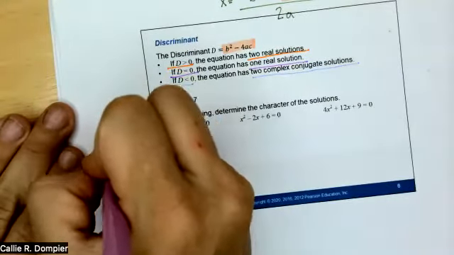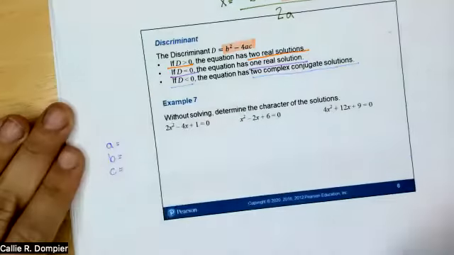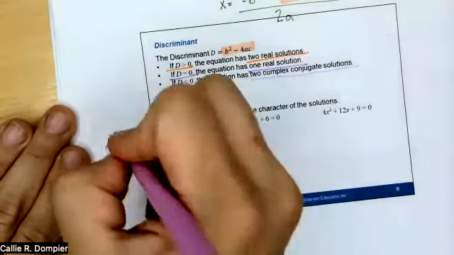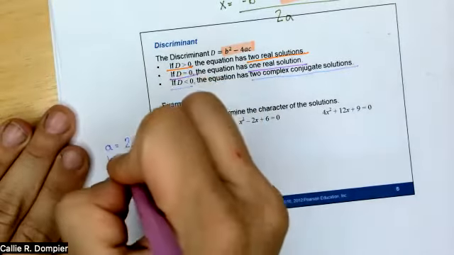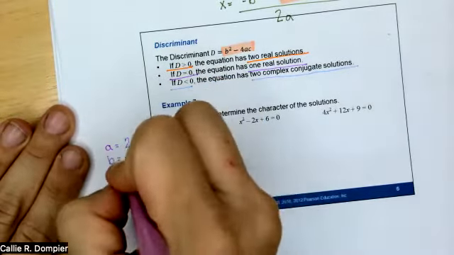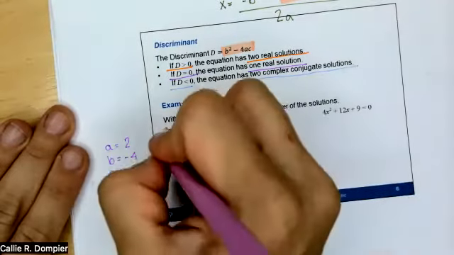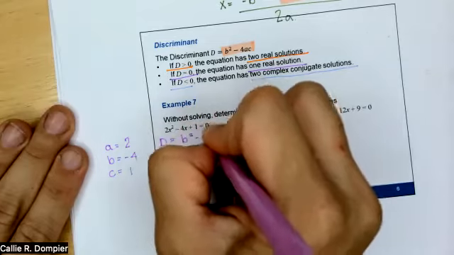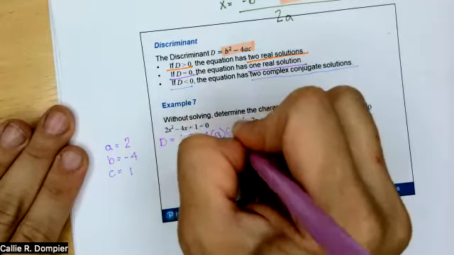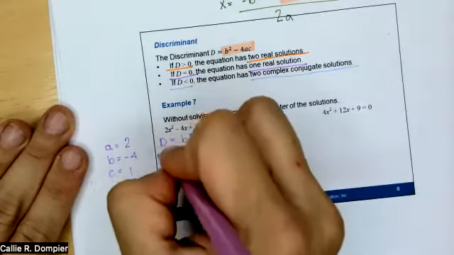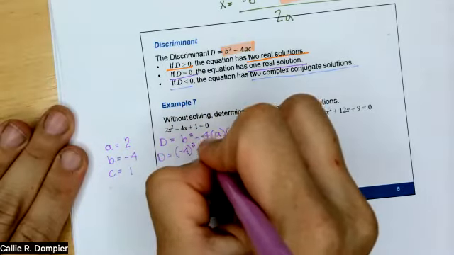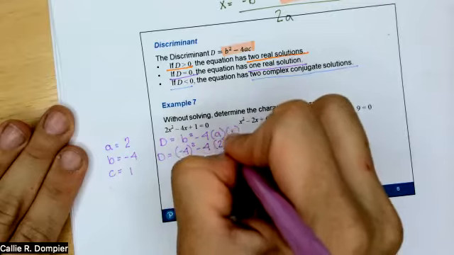So we're going to find a, b, and c, and we're just going to plug them in to only the discriminant. a for the first one is 2, b is -4, c is 1. Good. And our discriminant is b squared minus 4 times a times c. So that's -4 squared minus 4 times 2 times 1.